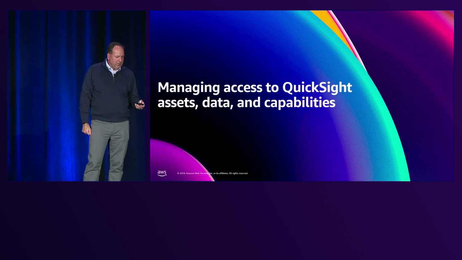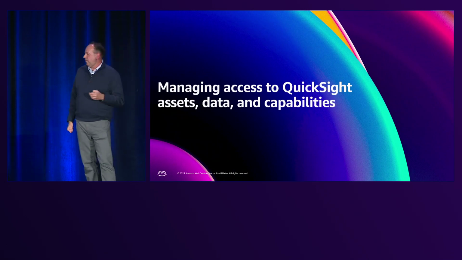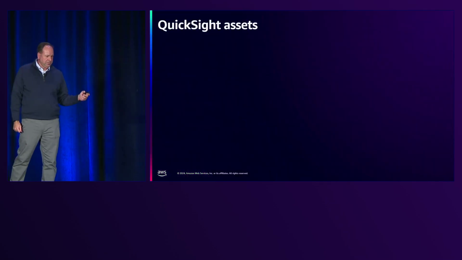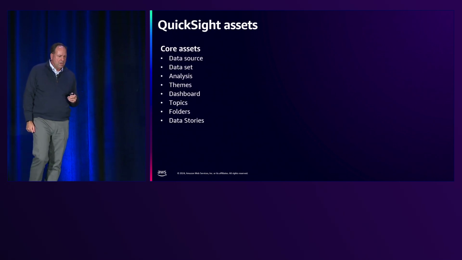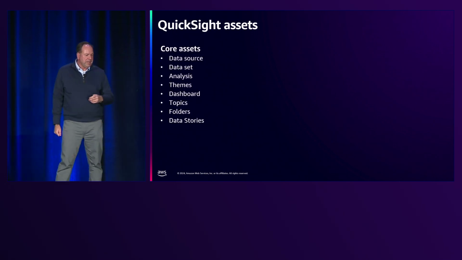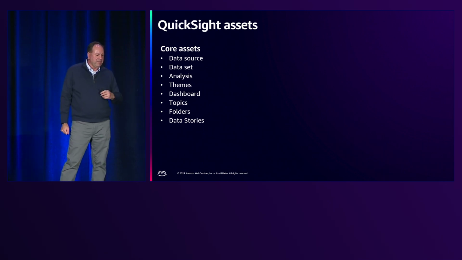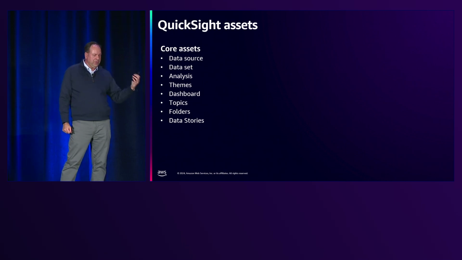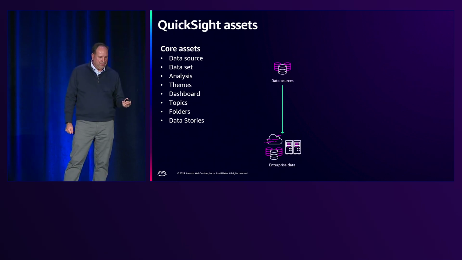All right, so now I'm going to switch gears a little bit and talk about managing access to QuickSight assets, data, and managing access to QuickSight capabilities. So at the core of it, these are the core assets that we have in QuickSight. We have data sources, we have data sets, we have analyses, themes, dashboards, and of course you can see the rest there on the screen.